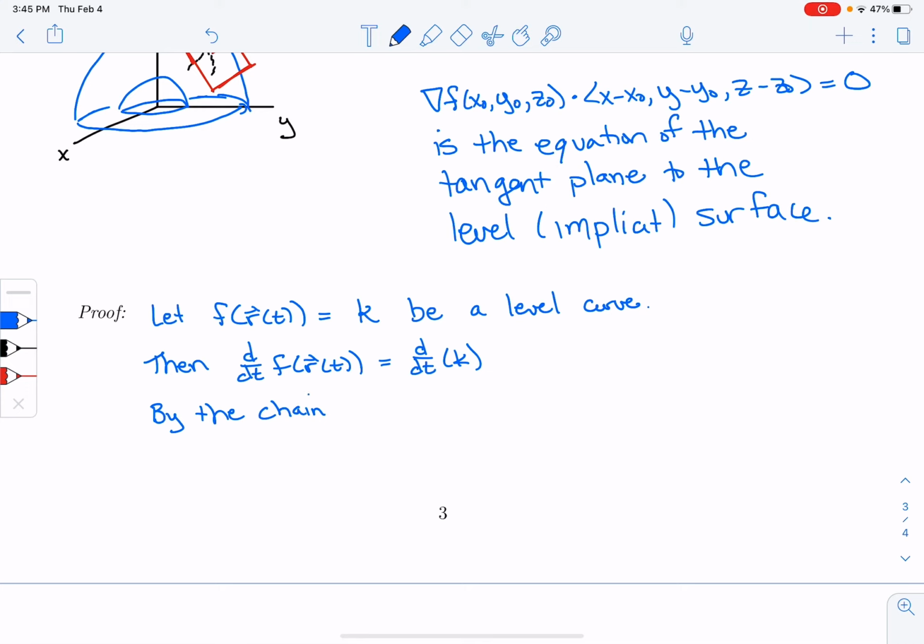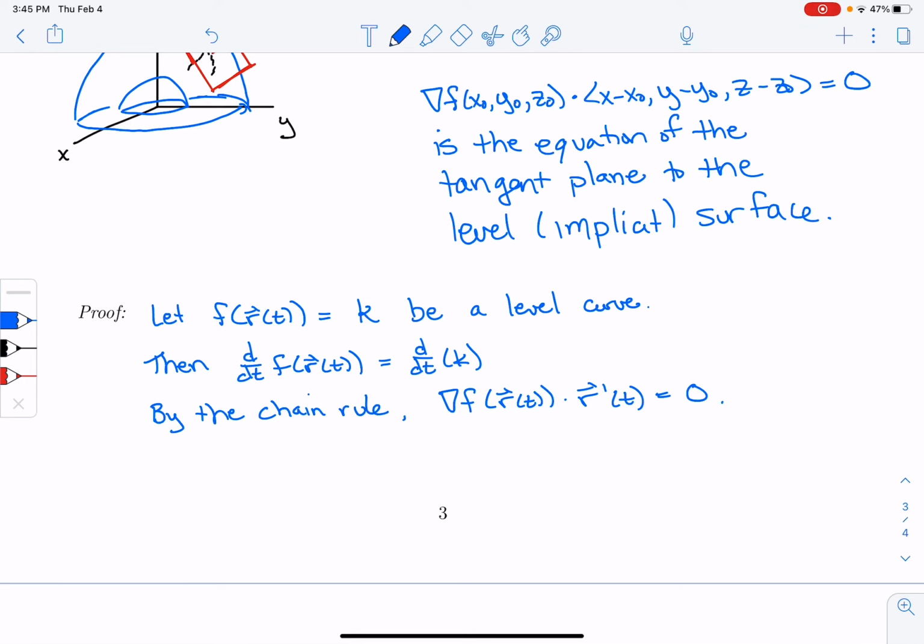And by the chain rule, we have that the gradient of f of r of t dotted with r prime of t is equal to 0. So by the chain rule, the gradient dot r prime, that's the left side, is equal to the derivative of k, and that derivative is going to be 0.